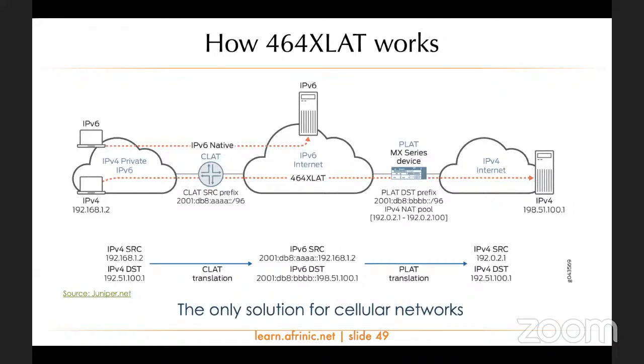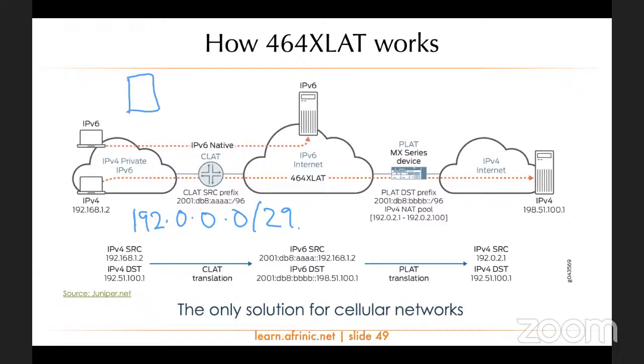And then something else: when you're talking of the user equipment, we usually have the address range used for translation, 192.0.0.0/29. This is what is going to be used as a source. Remember, most of the time we assume the device is v6 only, and then you have some applications which are v4 only.